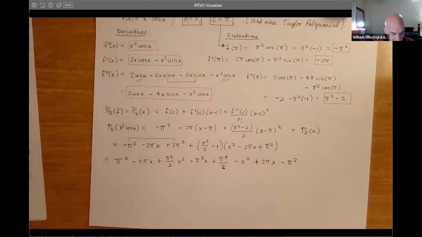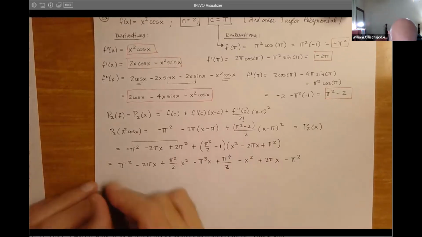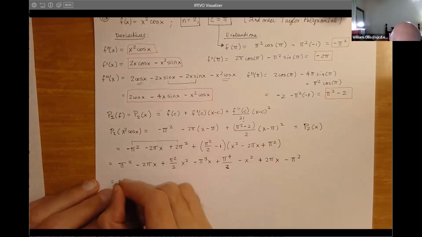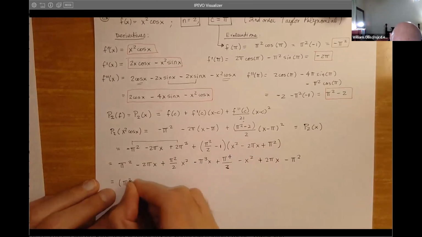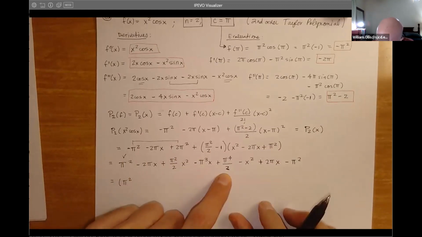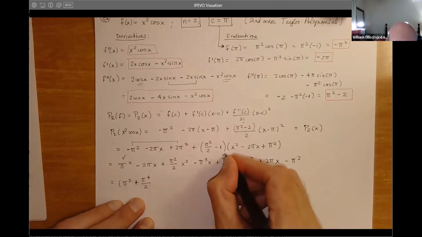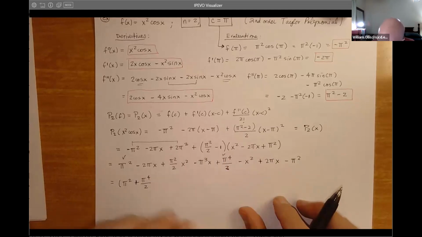So when you look at all of this and you think about what we're doing, we're at the same point we were last time. So let's go ahead and combine everything. So let's look at all of the constants, pi squared. Let's move down here, no more constant. Well, there's 1 plus pi squared over 4, or excuse me, pi to the 4th over 2. Check. And then down here, a minus pi squared.